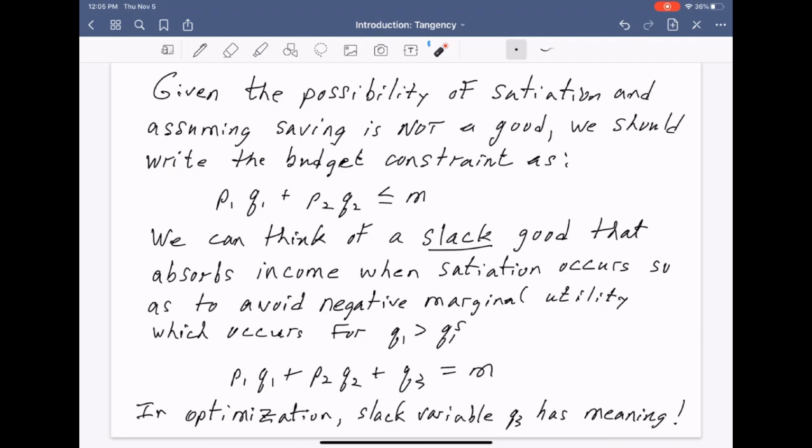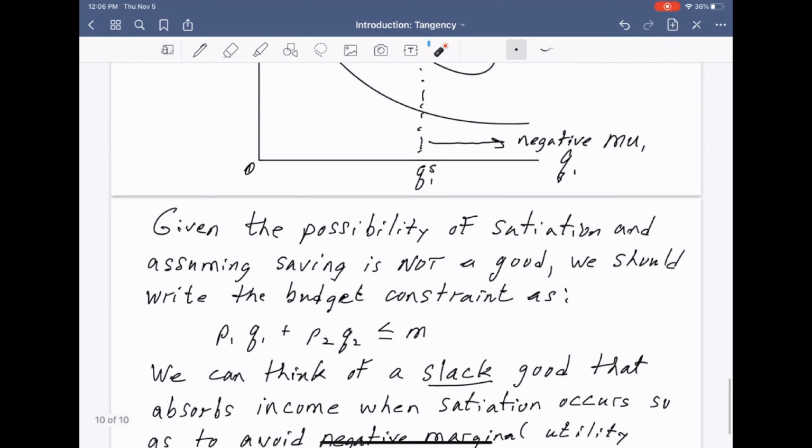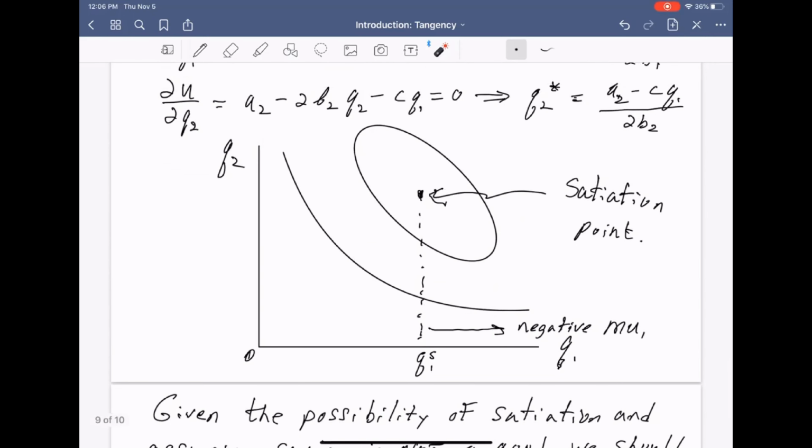So what we're doing is, instead of forcing, which the equality sign would do, so if we had enough budget, if our budget line happened to lie, let's say out here somewhere, then we would end up at a point where the utility function would touch right here, but we've gone down in utility from the black point.